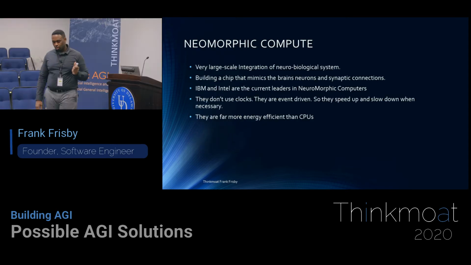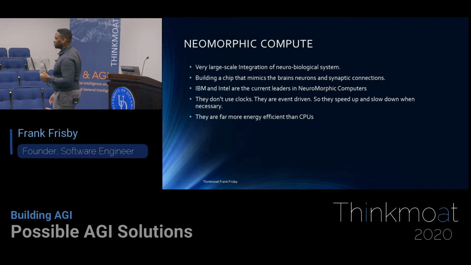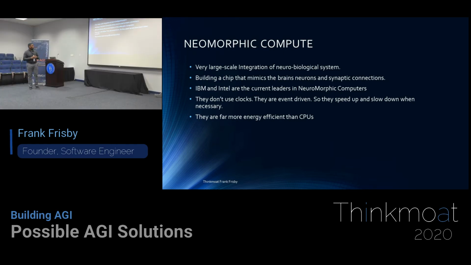Neuromorphic compute. Now what a lot of companies are doing, like IBM and Intel, and I think NVIDIA might be trying to get on this as well, is create the physical computer to represent how our brains actually work, the whole neuron architecture that we're trying to do. They're working on that now.